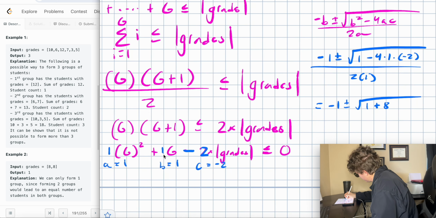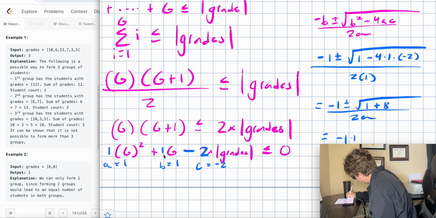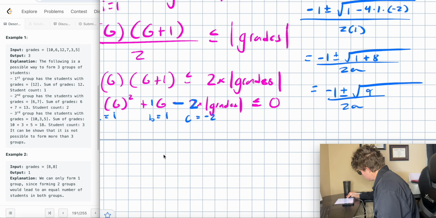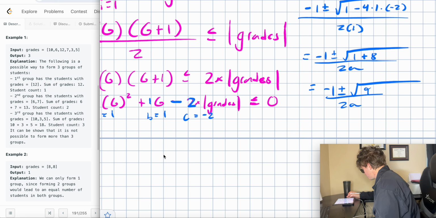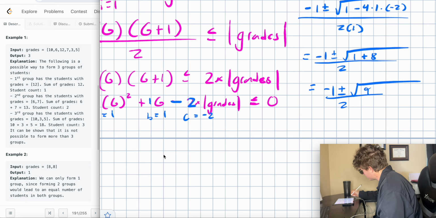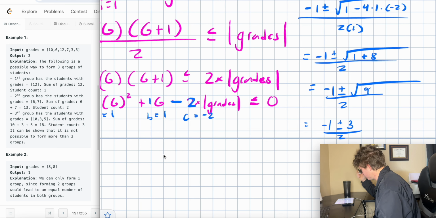It's been a while since I've been doing simple math like this. So that equals negative 1 plus or minus the square root of 9 over 2a. Oh, 2a, 2 times 1. Why did I do that? So that equals negative 1 plus or minus 3 over 2.